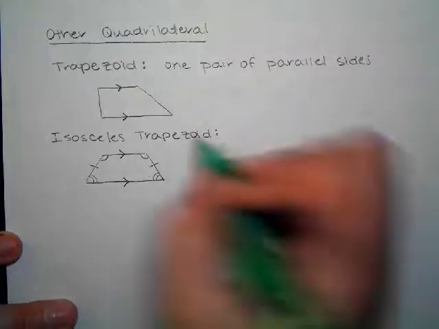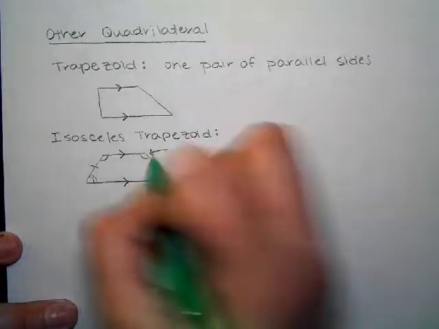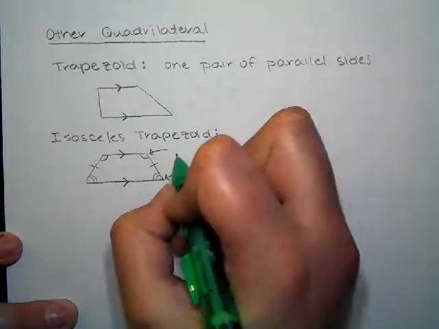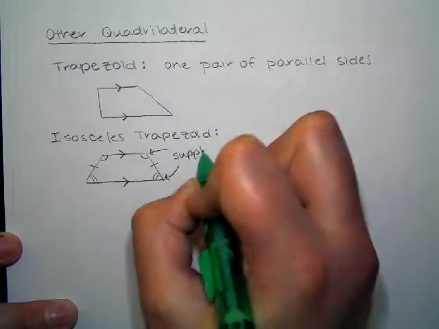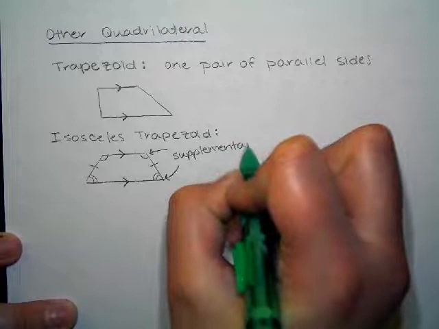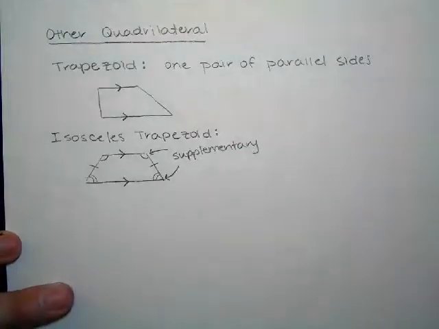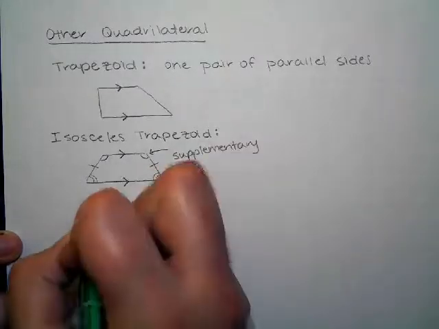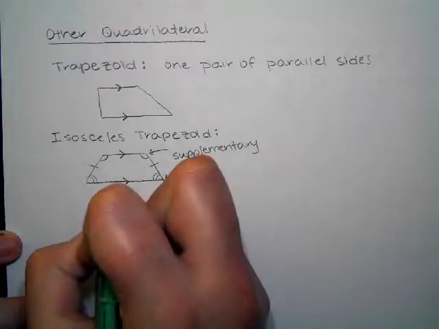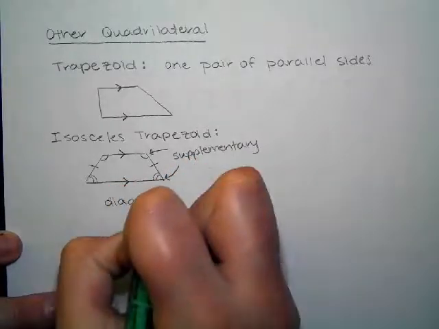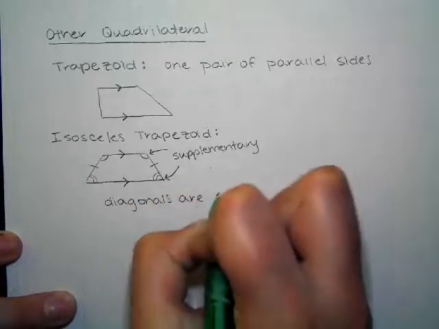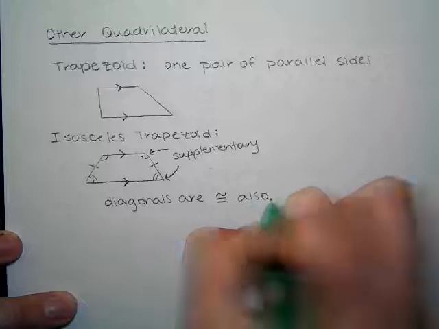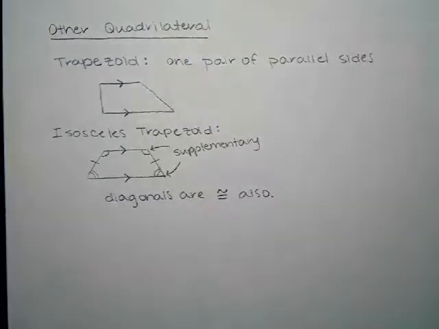And then what is more interesting is that the 2 angles together are supplementary. That's pretty interesting. And then the other thing that's kind of interesting is that the diagonals are congruent as well. So isosceles trapezoids have all sorts of weird stuff about them.